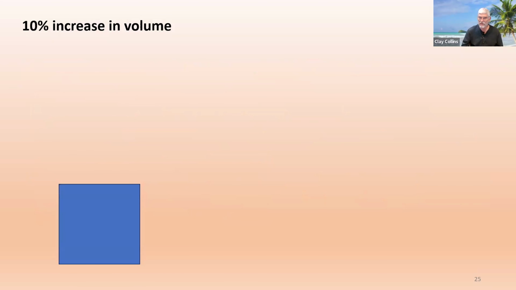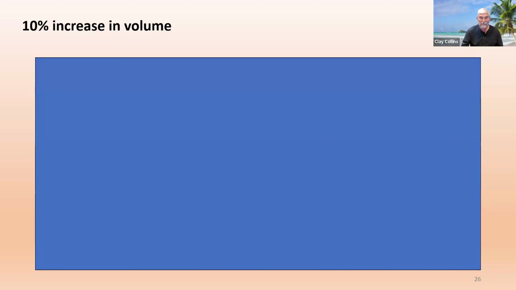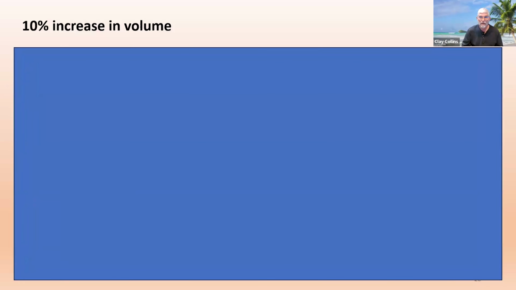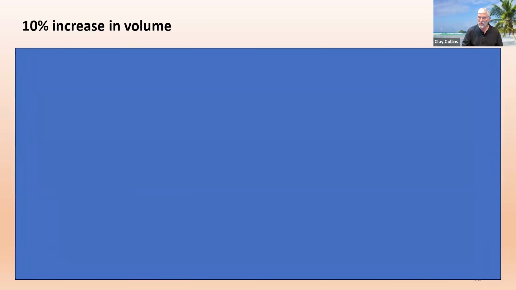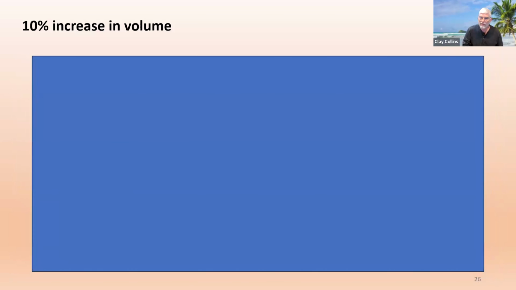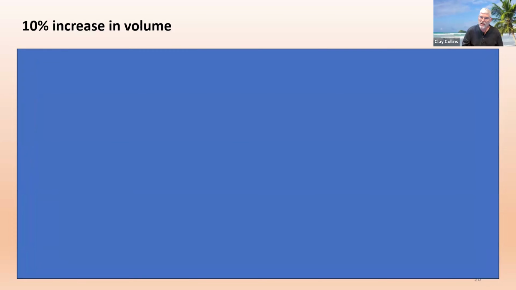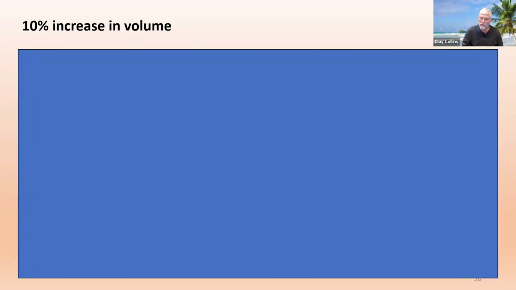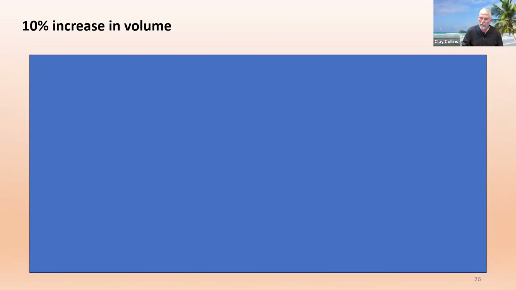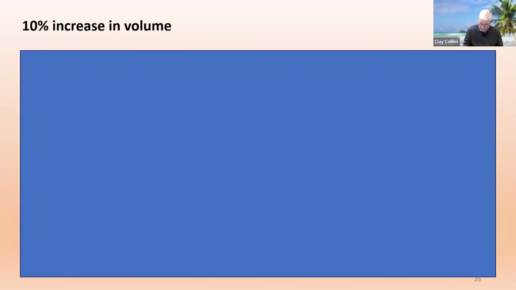But let's take the house footprint. That 10% is much more material. And that's what the houses that we deal with are seeing in structural impact due to water. And that's quite significant.